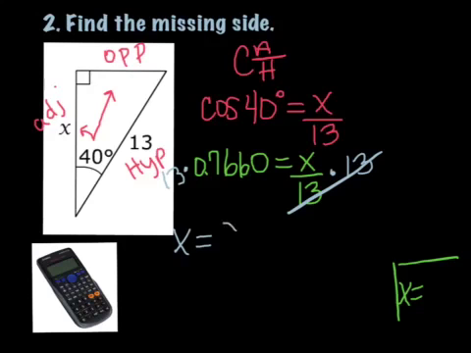And I get 9.96. So we found our missing side of 9.96. So that's x. That's easy, right? Let's try one more.